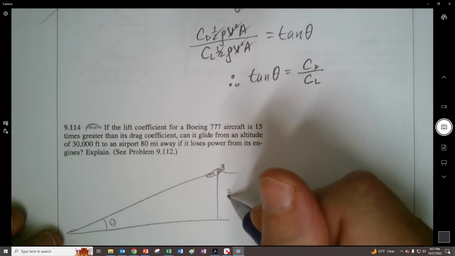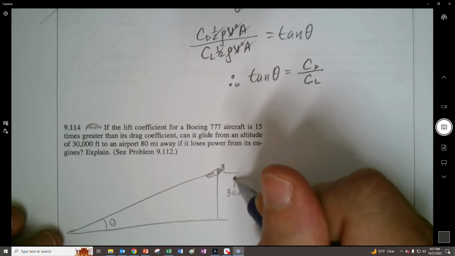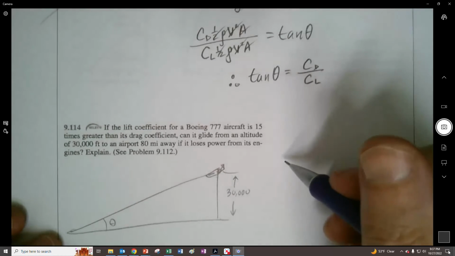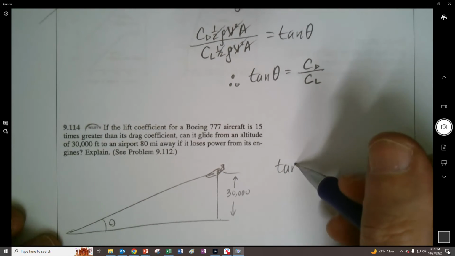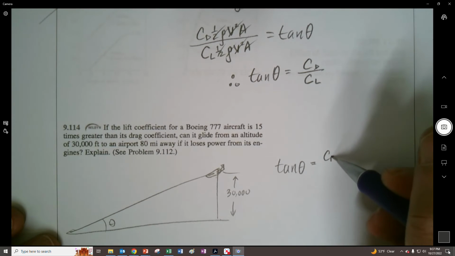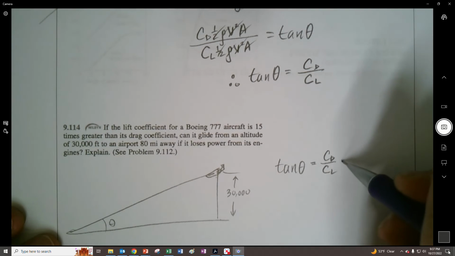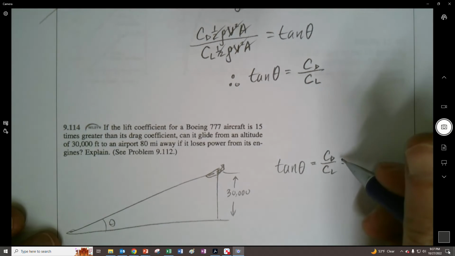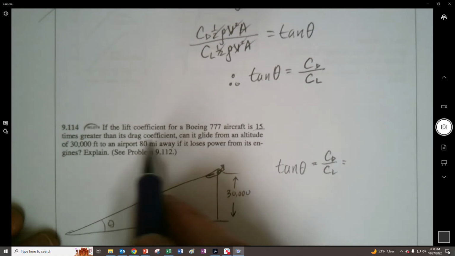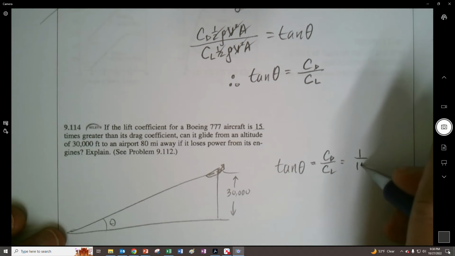So let's say he's at 30,000 feet. And he's making this descent. And so we're going to find that the tangent of theta is going to be equal to our drag coefficient over our lift coefficient, which we just said the lift coefficient was 15 times the drag coefficient, so that's 1/15.